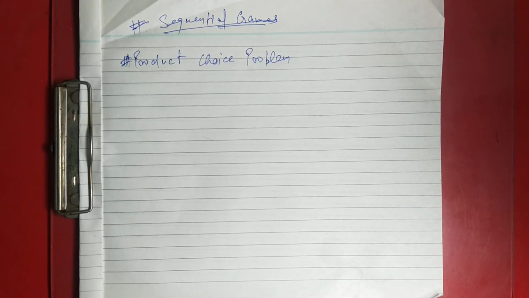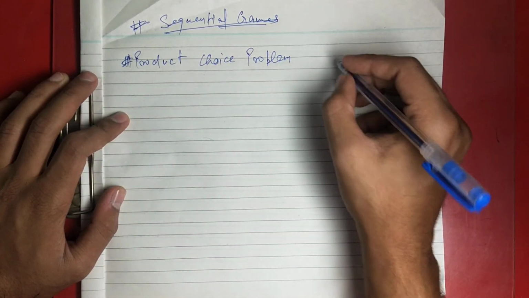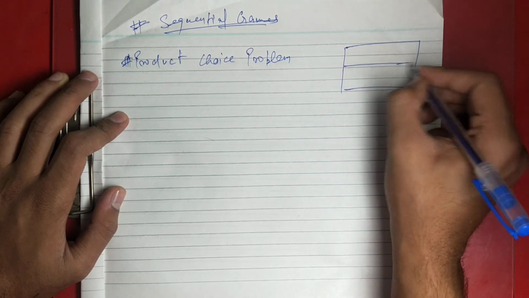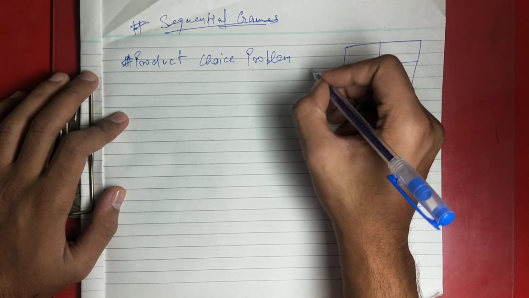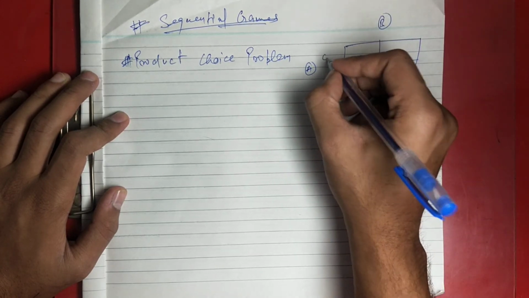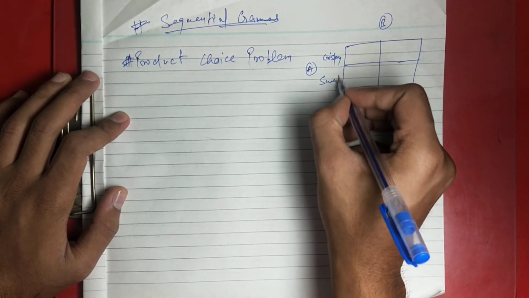And if I make the game, that is the payoff matrix, it will be like this. Here I am taking this as A, this as B. Here it's crispy, here it is sweet.